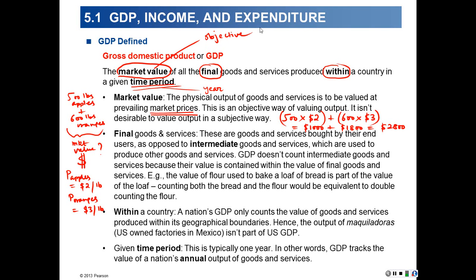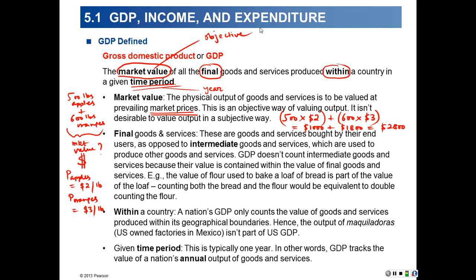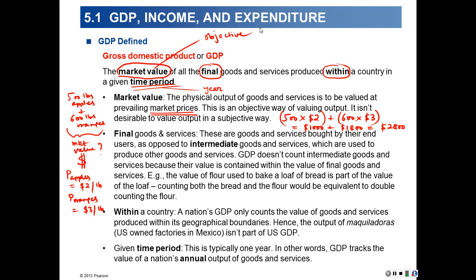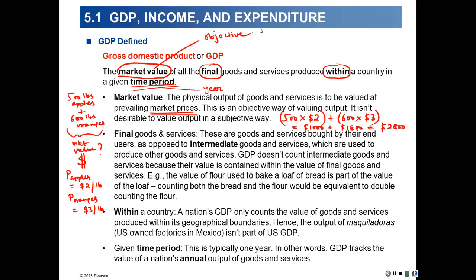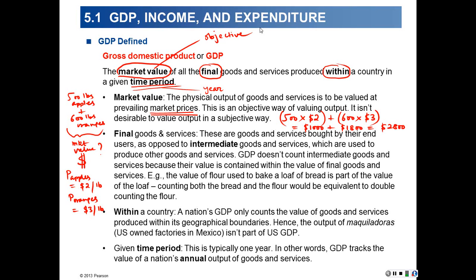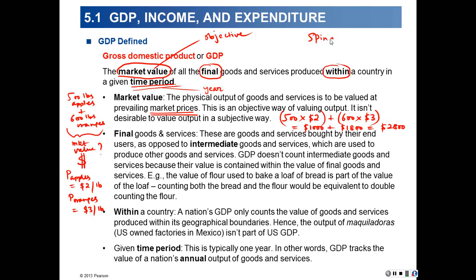They are not subjective. Subjective means up to my own personal opinion or values, right? You see, if we don't use market value, the danger would be the following. Let's say that the economy produces spinach and cigarettes.